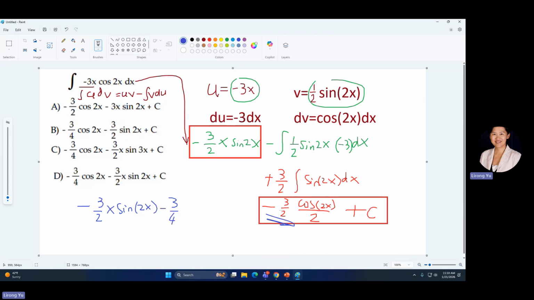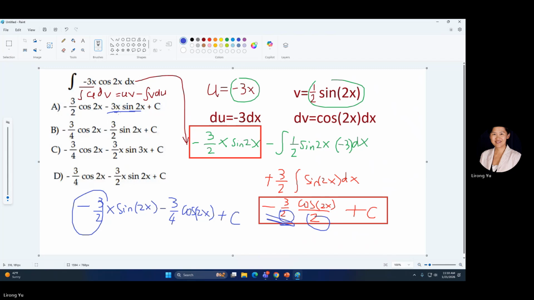A 4 coming out from that 2 times 2 is 4. So negative 3/4 and then cosine 2x. Okay, and then that's plus c.